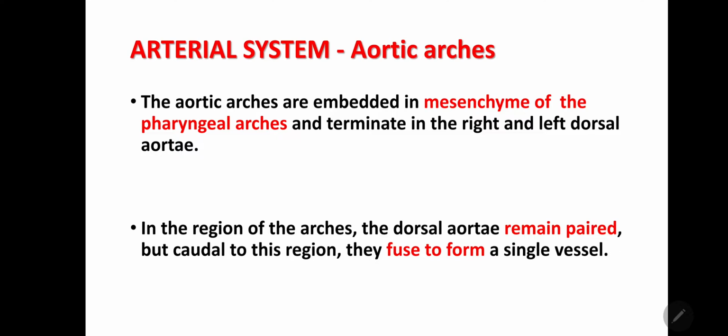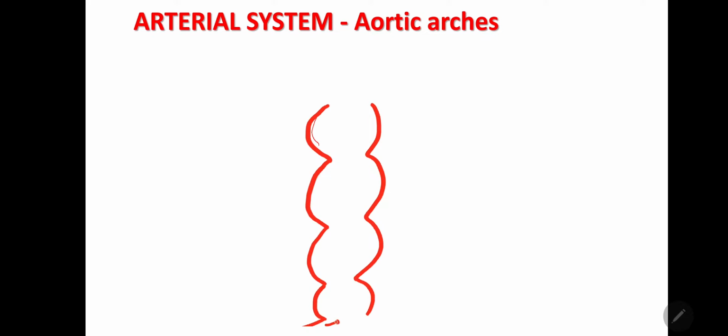In the region of the arches, the dorsal aortae remain paired, but caudal to this region they fuse to form a single vessel. When you see the developing aortic arches, we have seen the heart has these dilatations: truncus arteriosus, bulbus cordis, primitive ventricle, atrium, along with the sinus venosus.